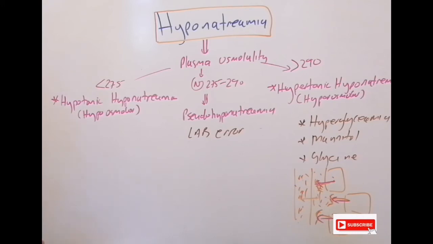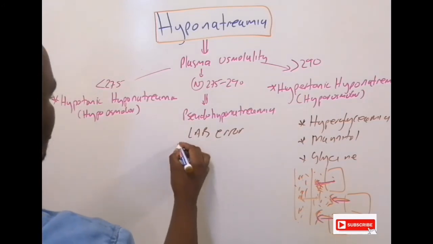For you to have a net movement of water, you need a change in the gradient of the concentrations across that bilipid layer. So let's talk about the conditions that give you pseudohyponatremia.